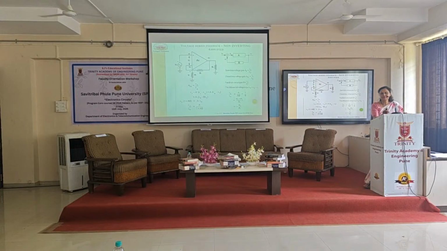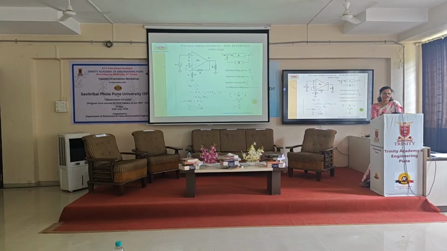Now next point in the syllabus is the effect of input resistance, output resistance and bandwidth. Inverting amplifier belongs to the closed loop and we are using the virtual ground concept in closed loop configuration only.